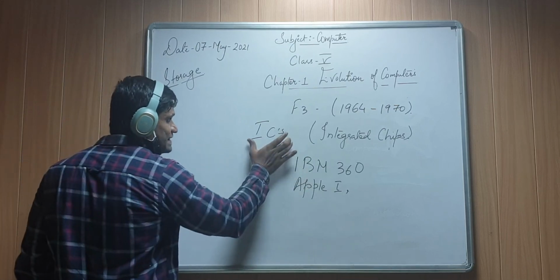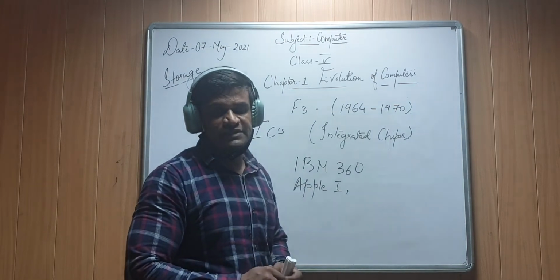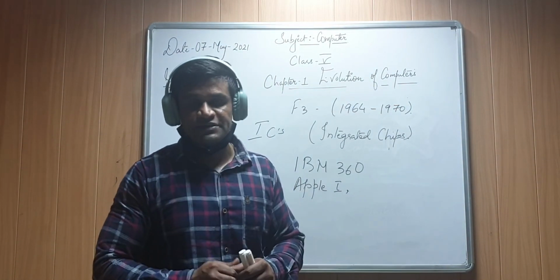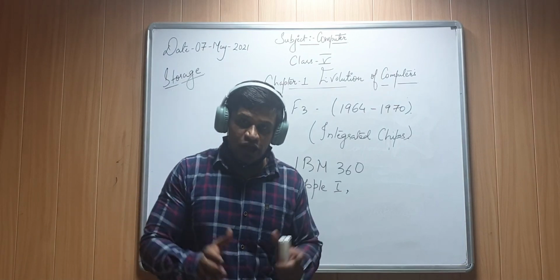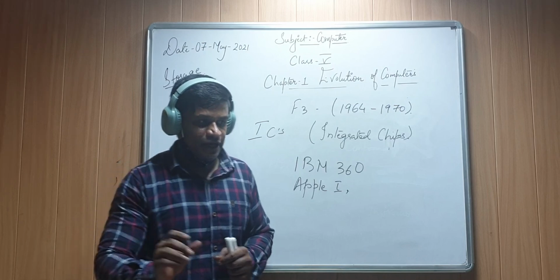They had ICs in them, that is integrated circuits. They were smaller in size in comparison to second generation, consumed less electricity, but still they needed air conditioning.